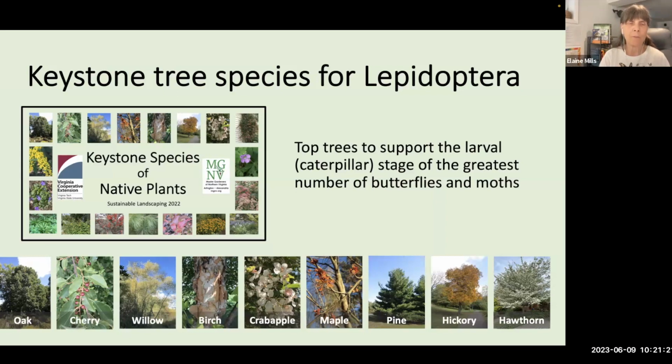These range from the oaks that support 534 different species, all the way down to hawthorn that supports 159 species. Now, these are mostly what are referred to as canopy level trees, those that are ranging from, say, about 50 to 75 feet or more.